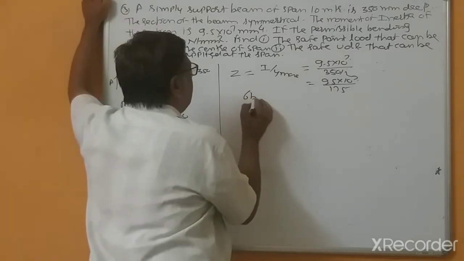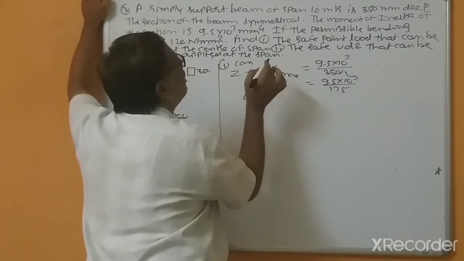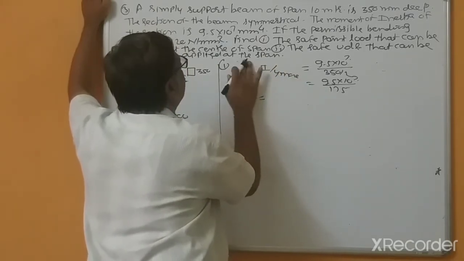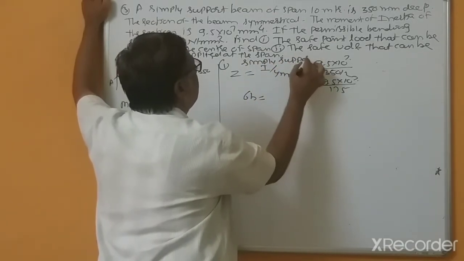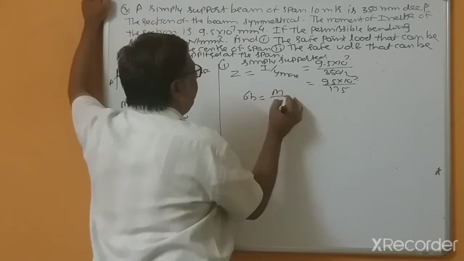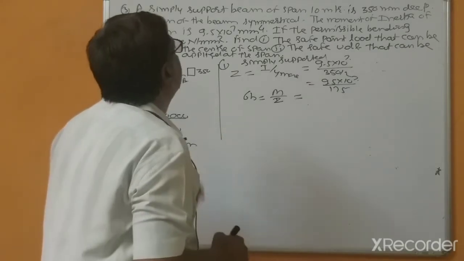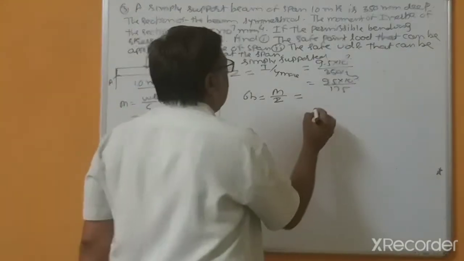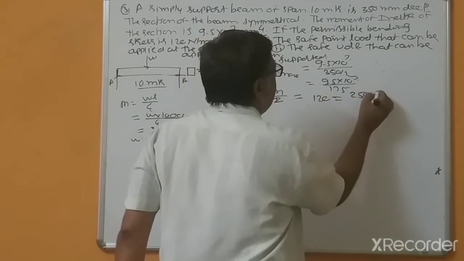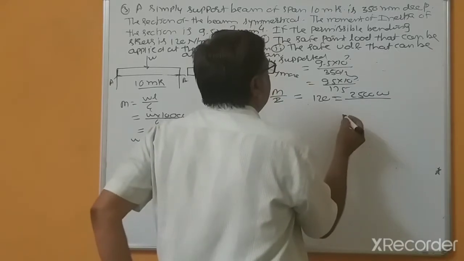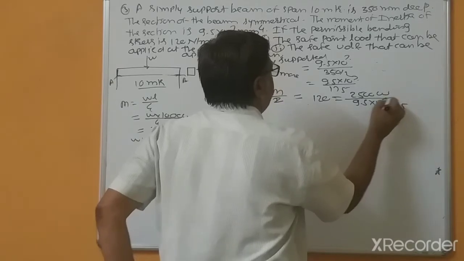So sigma B equal to, for cantilever, sorry, that can be applied for simply supported, M by Z. And this is 120 equal to 2500 W divided by 9.5 into 10 to the power 7, 175.